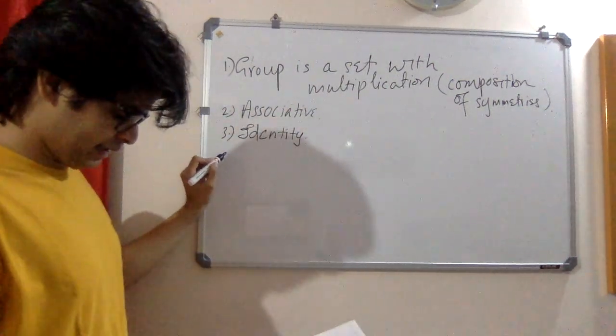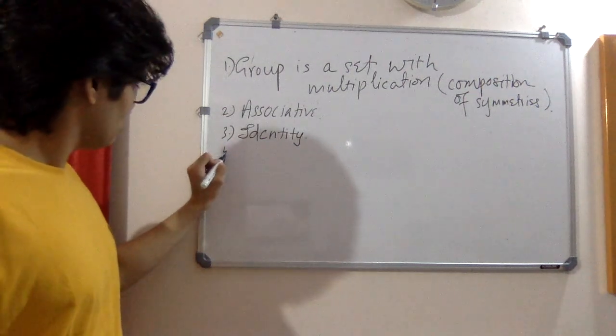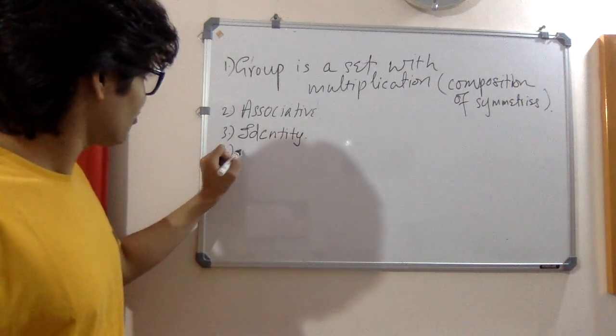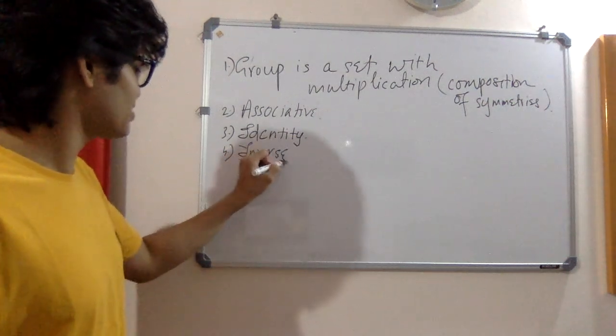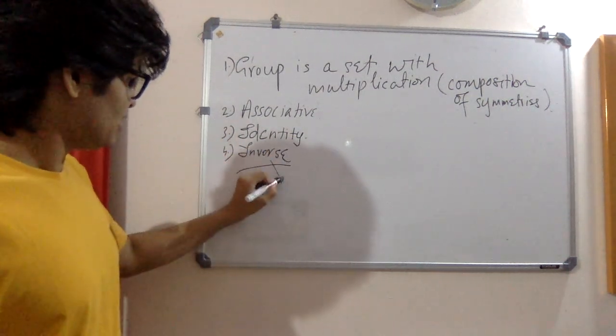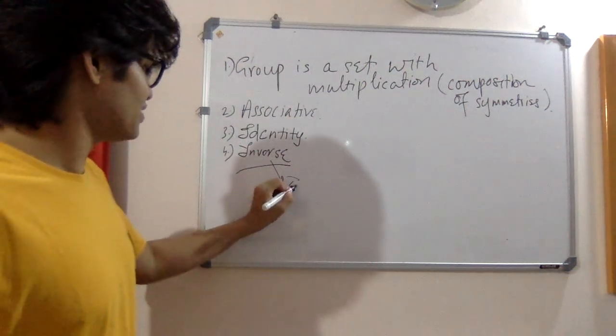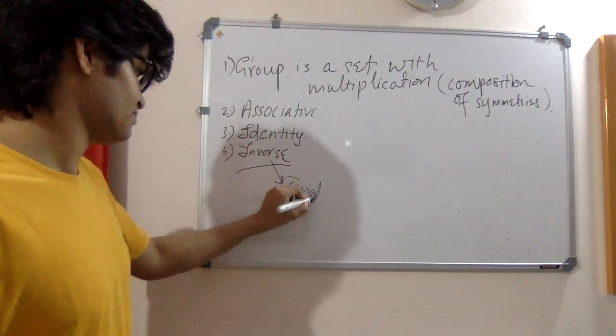Now, lastly, we can say that we have an inverse symmetry as well, an inverse transformation. Now this can be considered as a trivial symmetry.